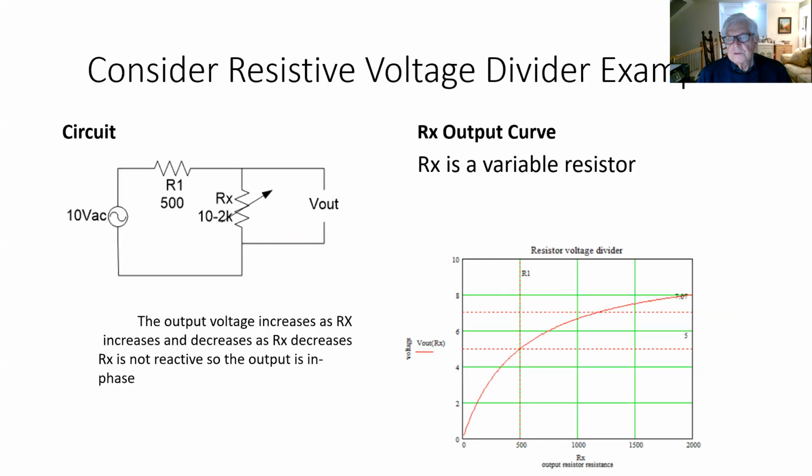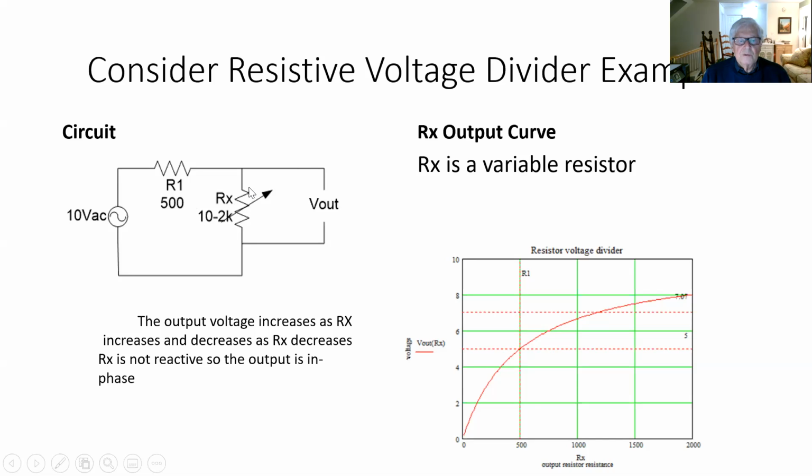All right, so let's again explore what we mean by voltage divider, voltage division. In this case, what we have is an example of a fixed resistor in series with a variable resistor. The variable resistor can change from 10 ohms up to 2000 ohms.